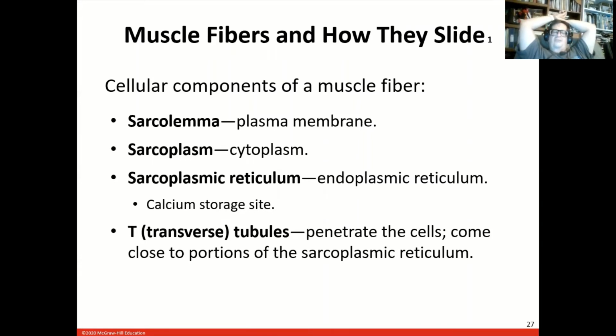Your sarcoplasmic reticulum, it's the endoplasmic reticulum. And like I just told you, it's a calcium storage site. And T-tubules or transverse tubules, they go into the cell and they get really close to the sarcoplasmic reticulum. What this means is they can carry ions in, carry signals in close to the sarcoplasmic reticulum.